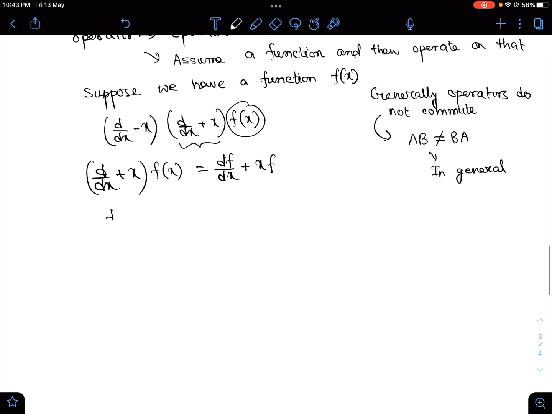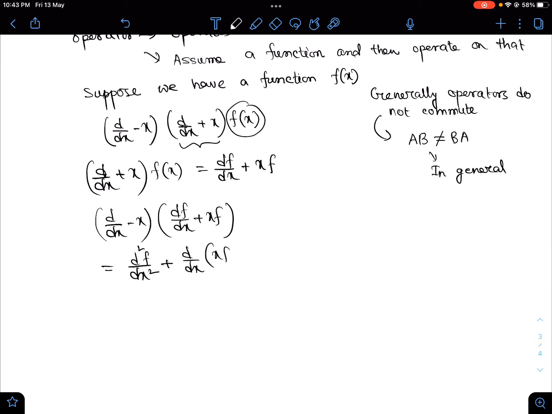And now we have to operate the first term on this. So what we will get? We will get d/dx of (d²f/dx²) plus d/dx of (xf) minus x df/dx minus x² f.